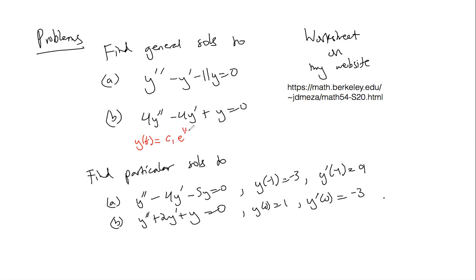So you get e to the one half t as one solution, plus your other solution is the same thing, but you have this extra t floating around. And this other one has just some radicals in it.